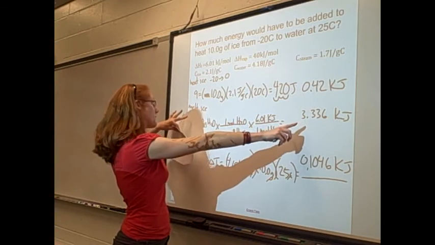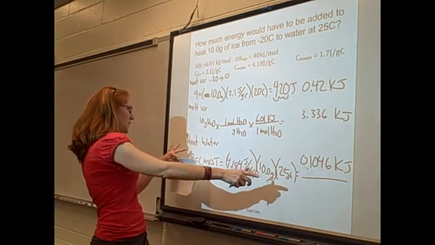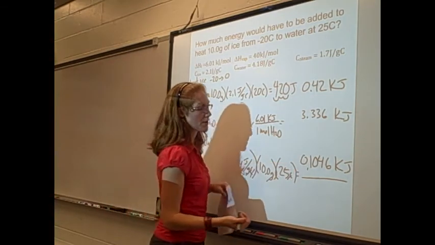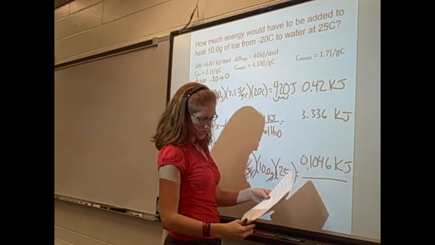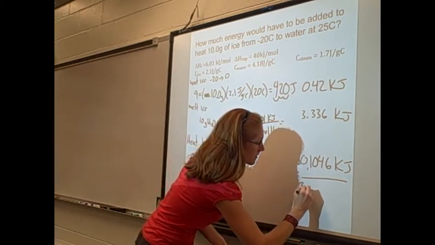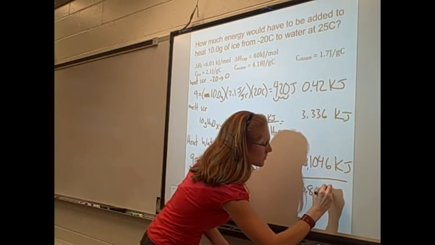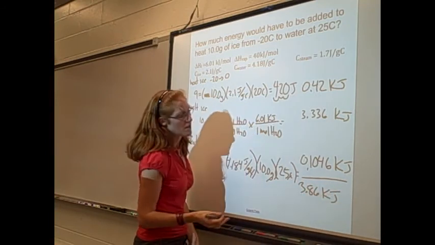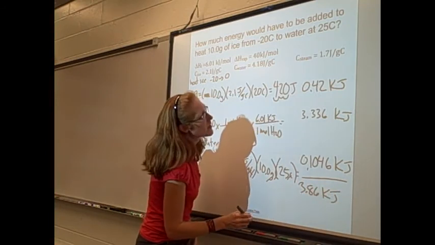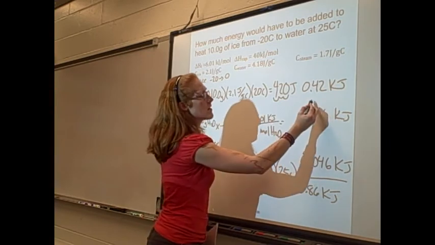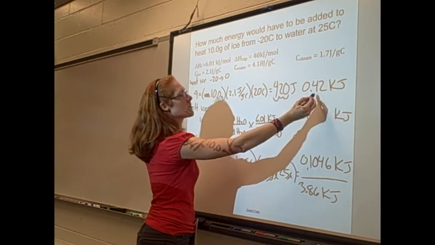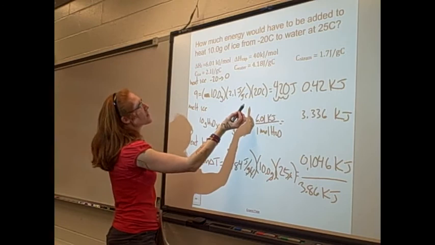And I add these three amounts together because I put in kilojoules to heat the ice, and then I put in more kilojoules to melt the ice, and then I put in more kilojoules to heat the water. So I added all of these steps up, and I get 3.86 kilojoules. And I rounded to this point because, let's see, I did know this to this number because I had 2 sig figs here.